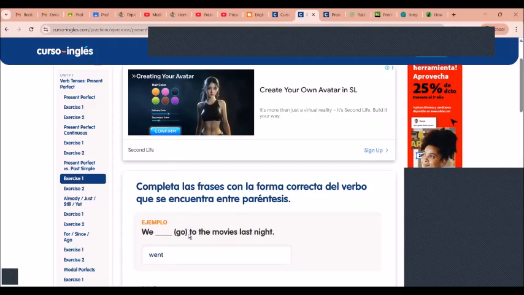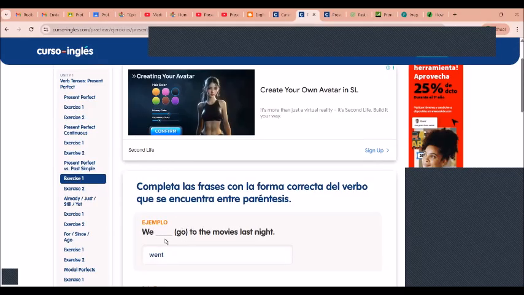For example, if you see in brackets go, that's your verb. Look at your sentence, look at the context clues, and then modify the sentence with the correct form of that verb. In this case, we went to the movies last night. Last night tells me it's a past simple event.